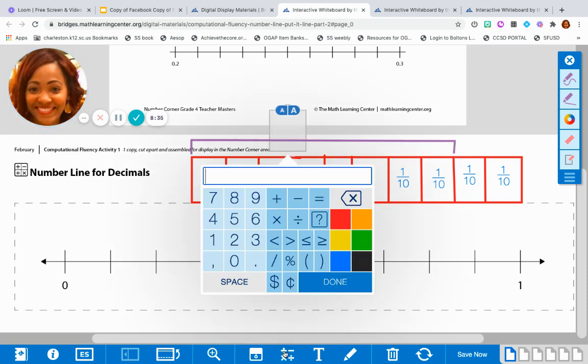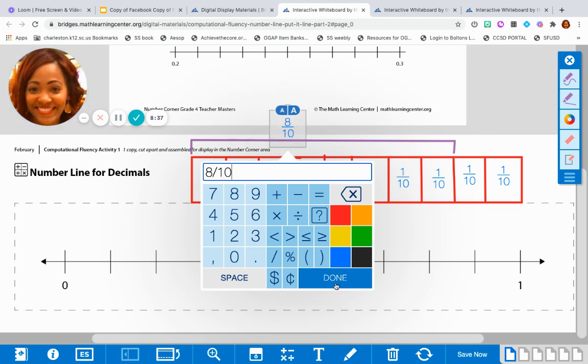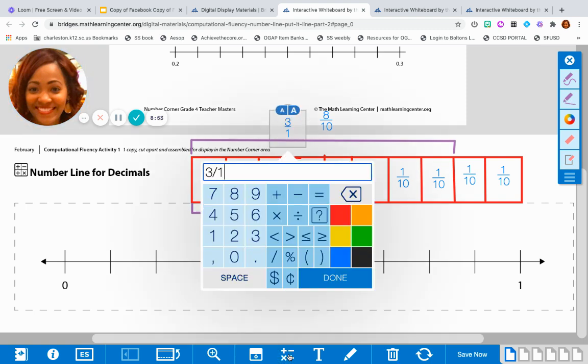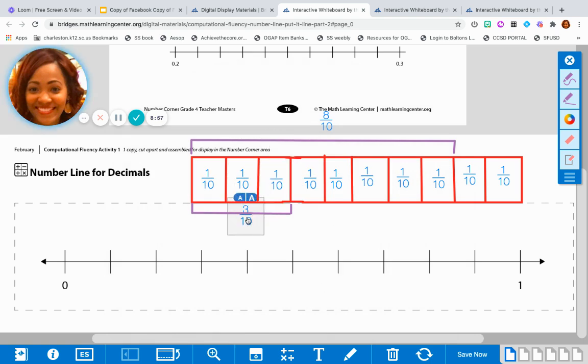So where's the 3/10? How can I compare that? 8/10 is 8 1/10 size pieces. And 3/10 is 3 1/10 size pieces. So which one is bigger? Which one takes up more space? Which one would you rather if we're talking about pieces of a candy bar? Yeah, 8/10 is greater than 3/10.